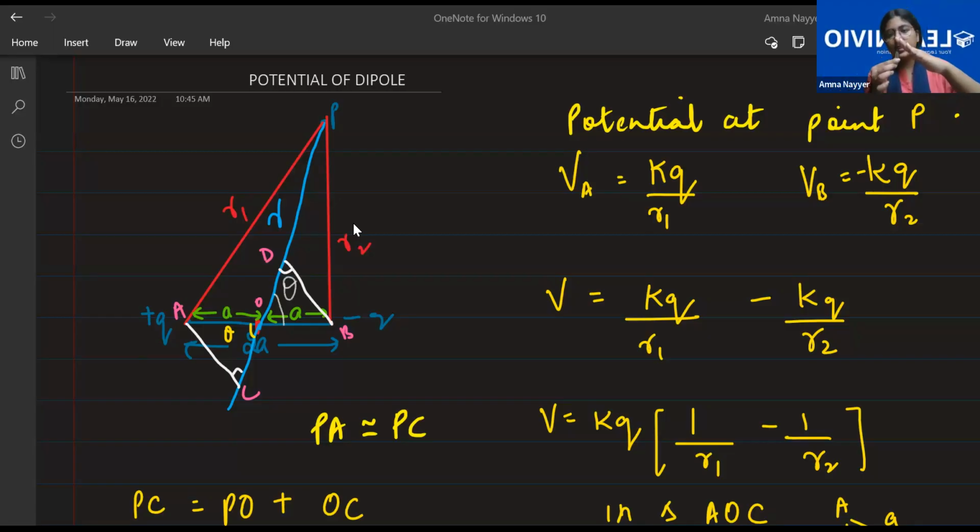This is shorter, so I just take a side here which is exactly equal to it, and at this point where the shorter one coincides with the longer one, I drop a perpendicular. So automatically this shorter one is equal to the longer one.